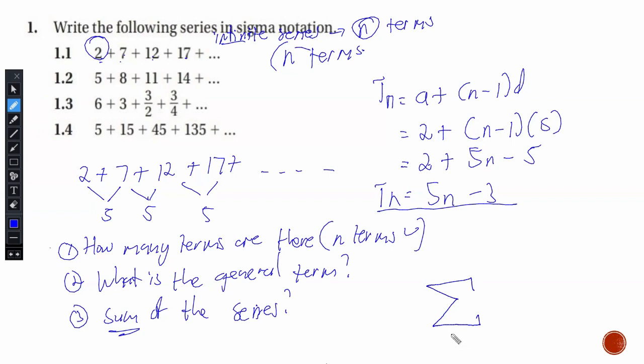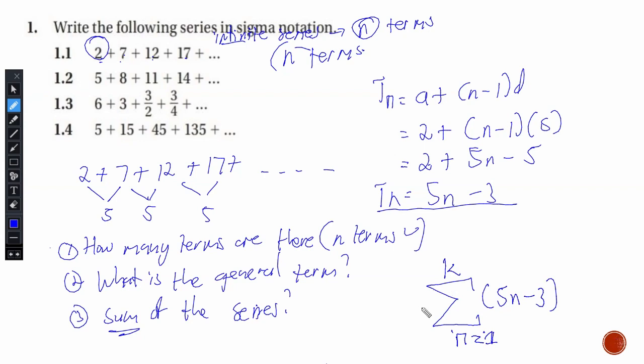So I must indicate n is starting from 1, but then it's ending at a k value, and the general term being 5n minus 3. So the k here is representing the last term, the Tn, right? So n is starting from 1, for the general term 5n minus 3, but it's ending at a k value there, which is an unknown term.